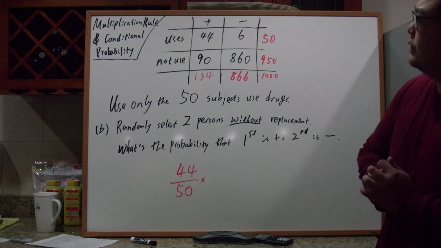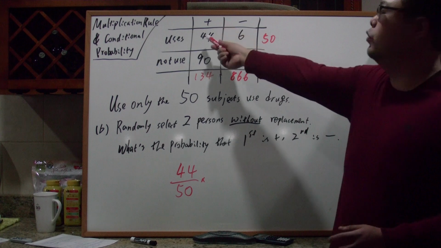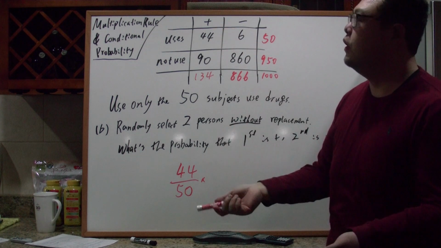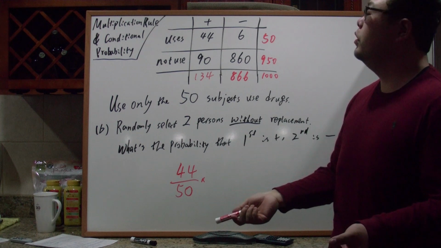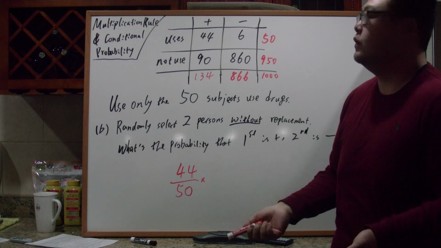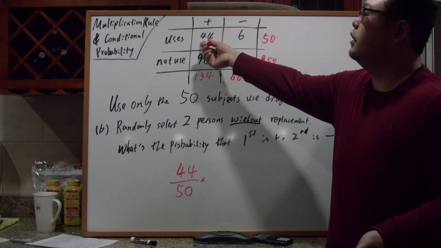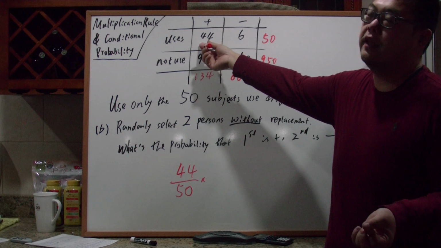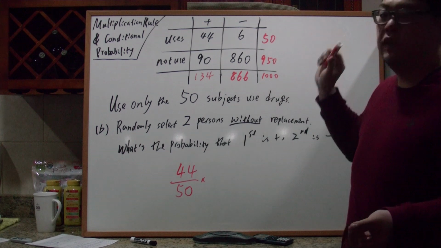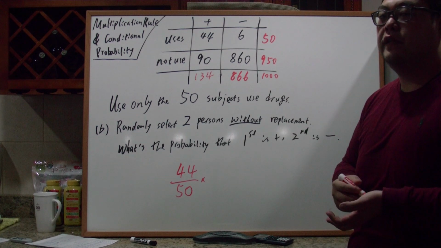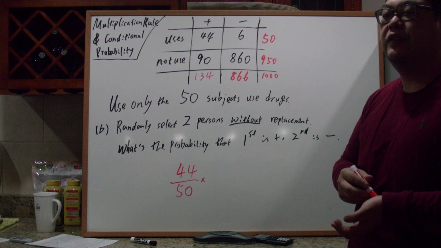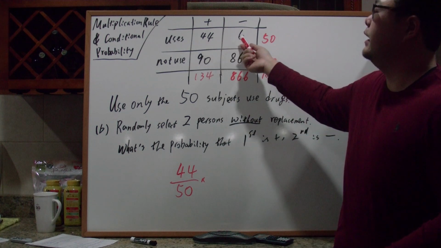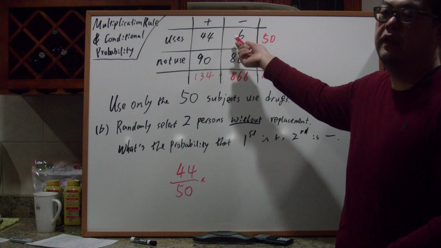Now without replacement, I select one positive out of the 44 people, so there are 43 positive results remaining, and for the total, instead of 50, that is 49 remaining, right? And it doesn't affect the negative. The negative is still 6 of them, right?